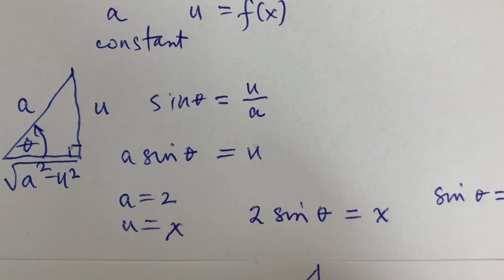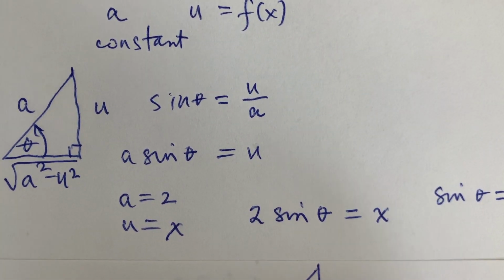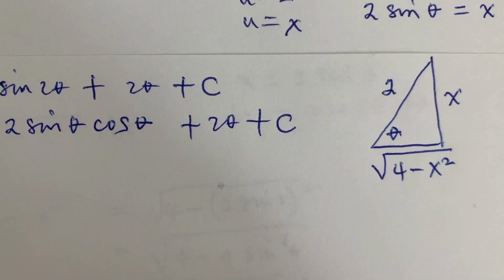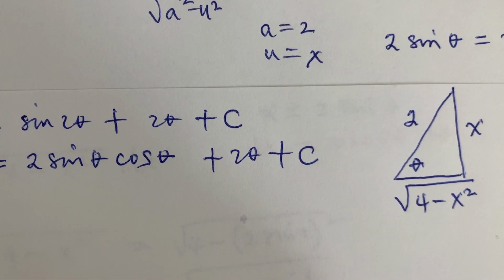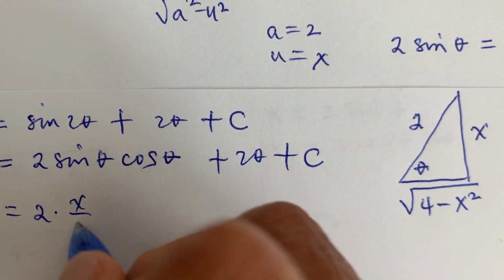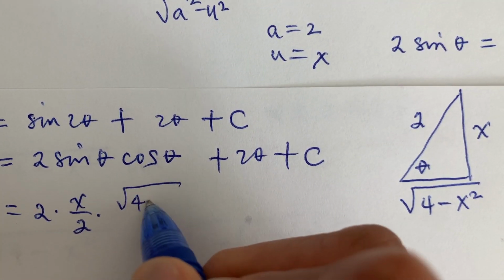So putting our theta here, this is going to be x, opposite, over the hypotenuse 2, and by the Pythagorean theorem, the adjacent side is the square root of 4 minus x squared. So there you go. We have sine theta equal to x over 2. Cosine theta is the square root of 4 minus x squared over 2.